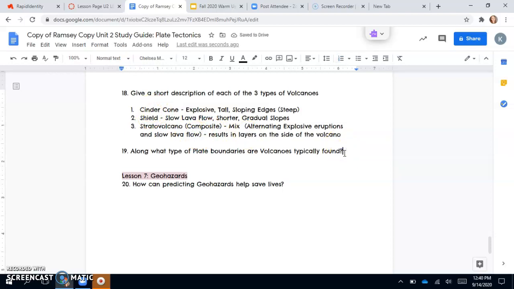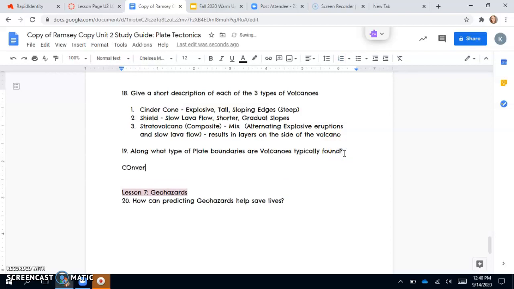So it says, along what type of boundaries are volcanoes typically found? These are typically found at convergent boundaries. Specifically, convergent boundaries where there is a subduction zone.